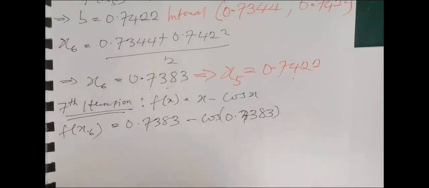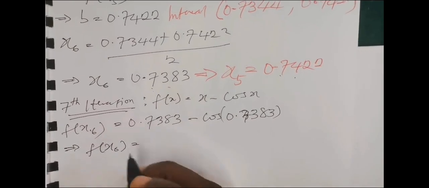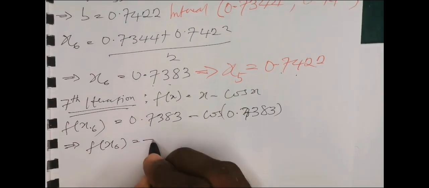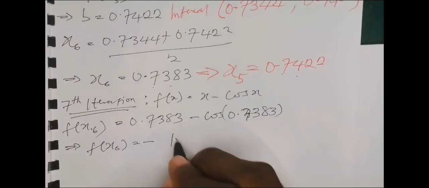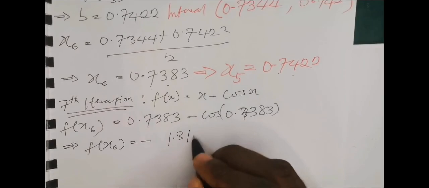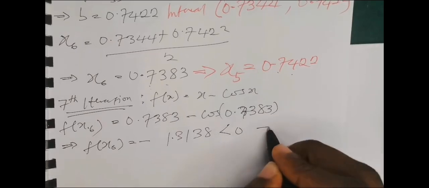So f of s6, let's find that value, gives us negative 1.3138.